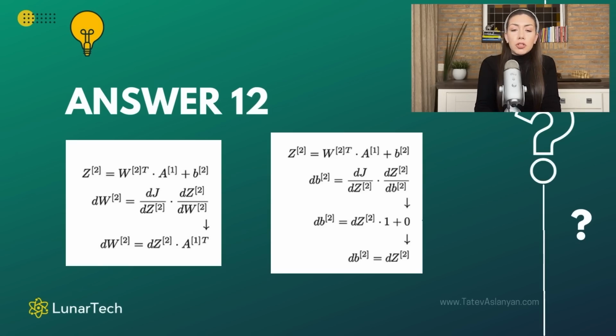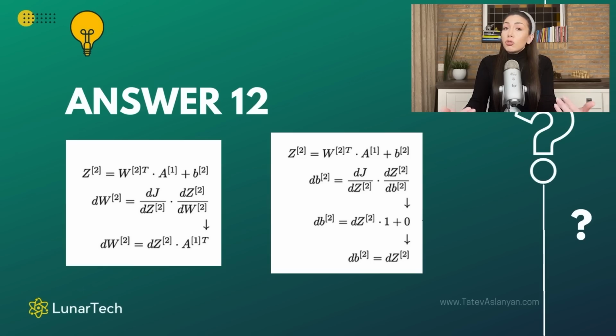What is important here is to keep in mind, without going too much into details of mathematical derivations, that in order to update the model parameters, we need to know the gradients of the loss function with respect to the weight parameter, so dW, as well as the gradients of the bias vectors, which is the first order partial derivative of the loss function with respect to the b's, so the bias vectors.